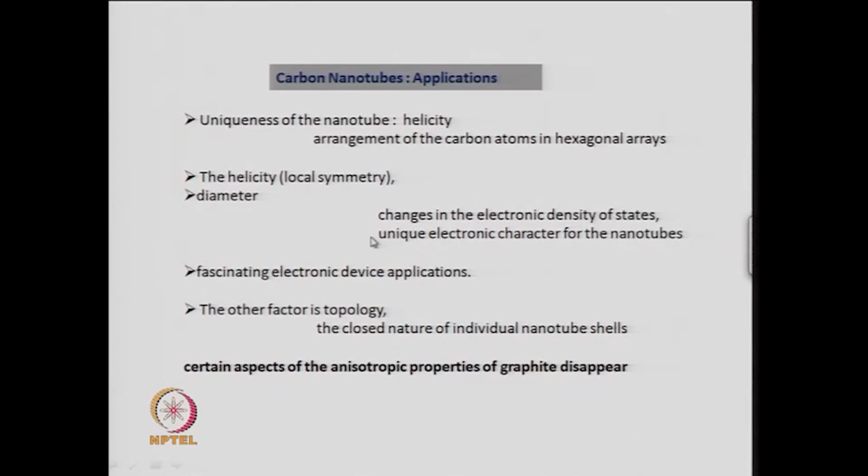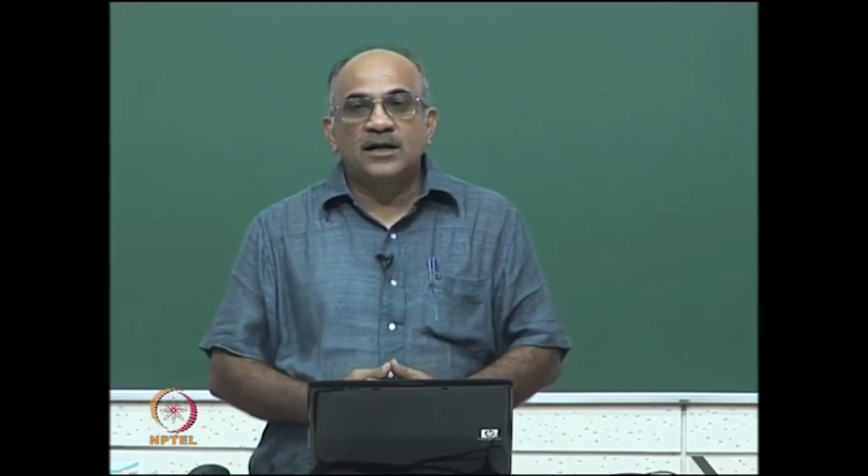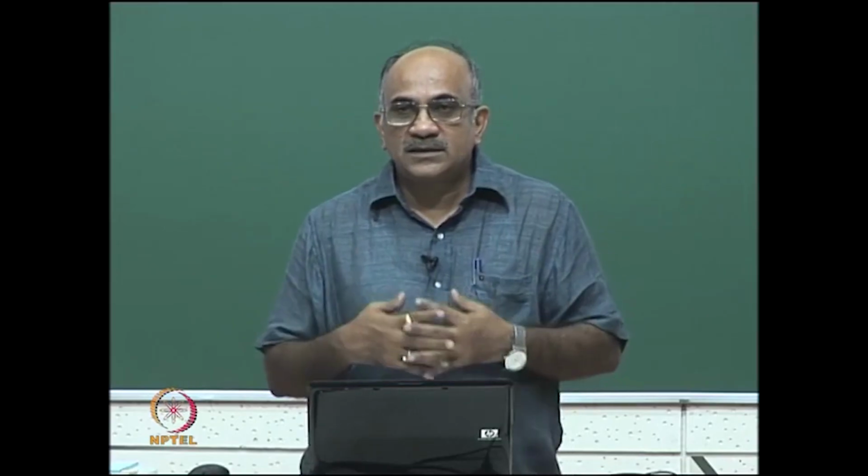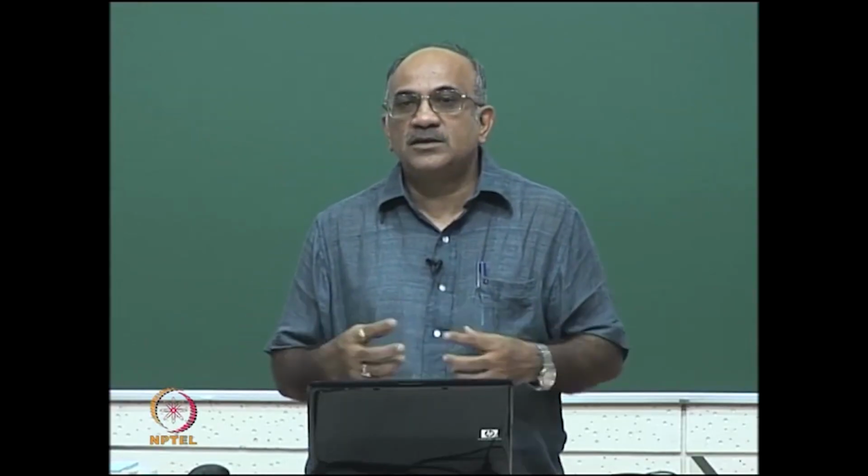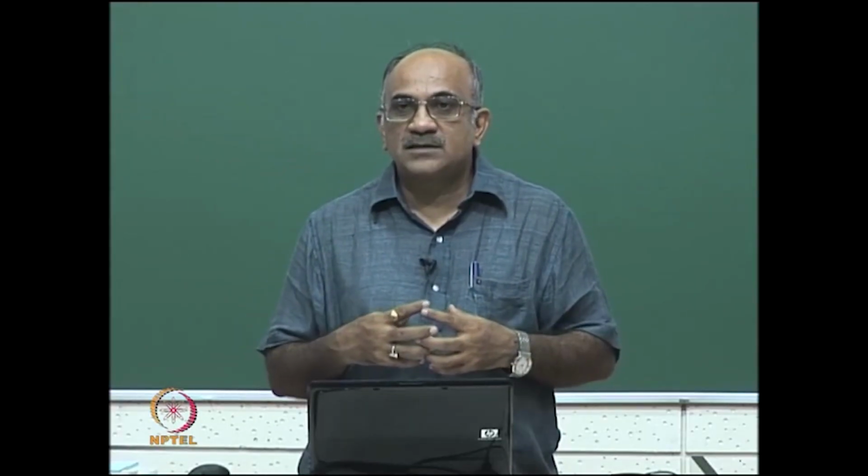Another very important fact is that there is a topological effect in these nanotubes. The closed nature of the individual nanotube shells is very important and gives it unique properties compared to its parent graphene layer or the graphite sheets.